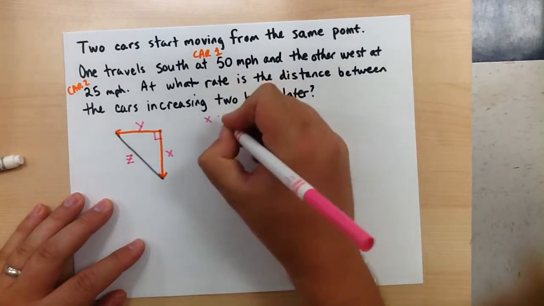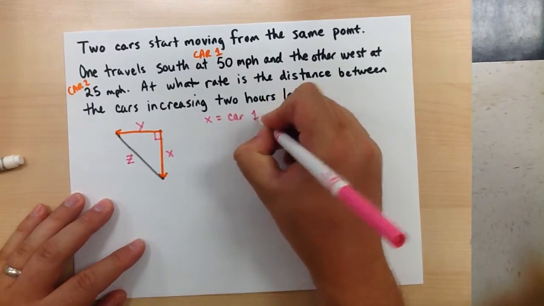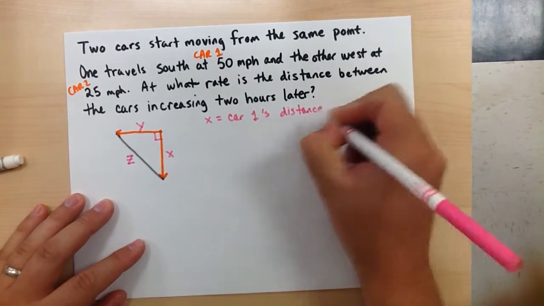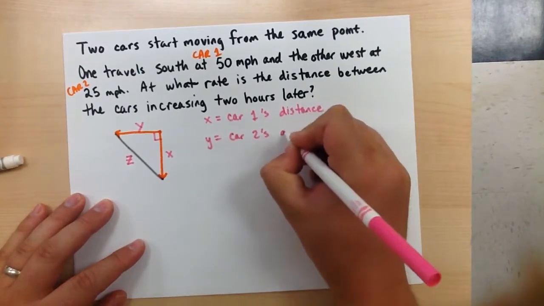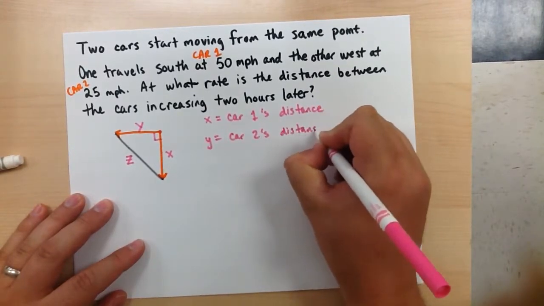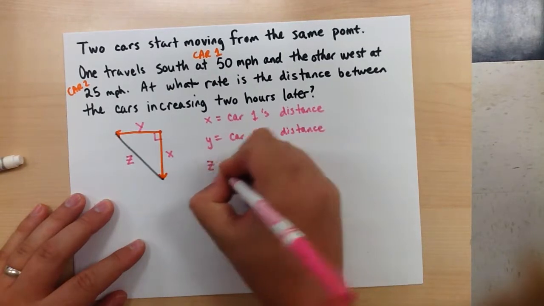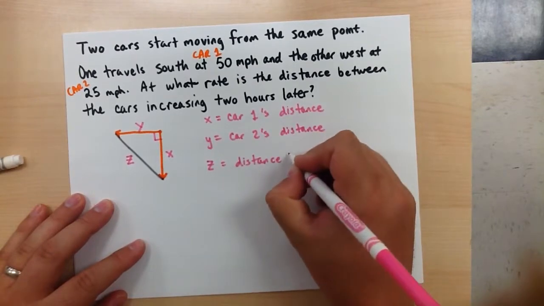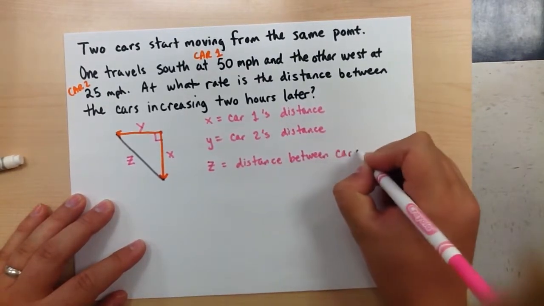So x is going to go with car 1's distance. Y goes with car 2's distance, and z is the distance between car 1 and car 2.